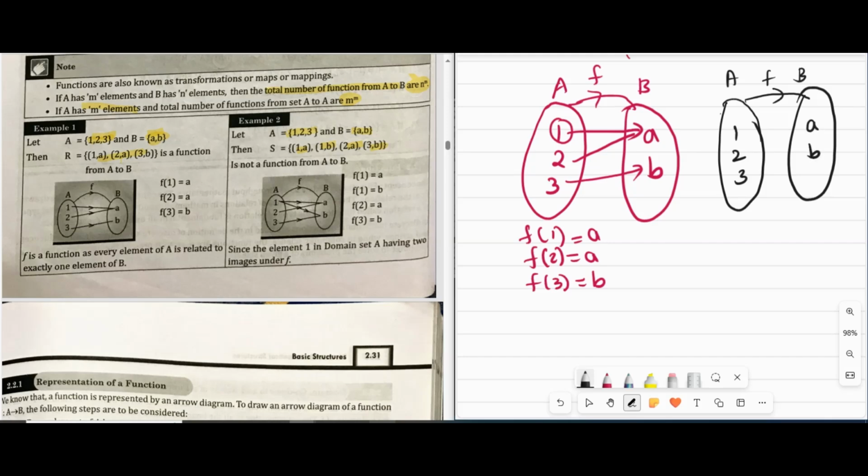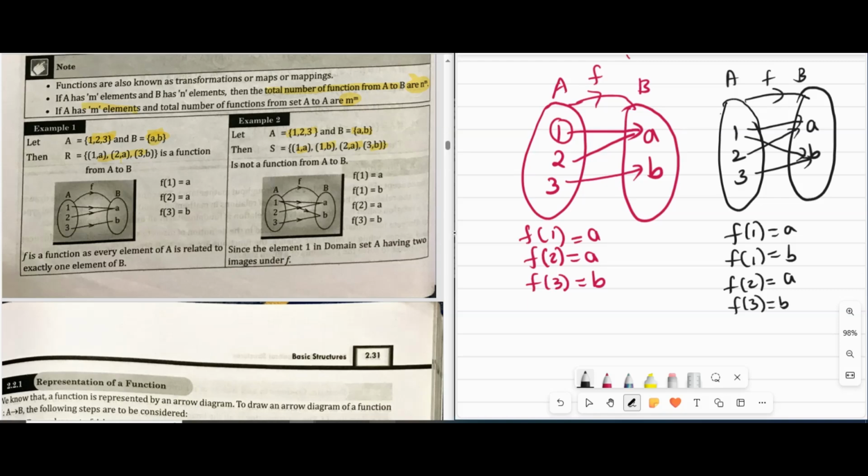It is a mapping from 1 to a, then 1 to b, then 2 to a, then 3 to b. Now f of 1 will be a, f of 1 will be b, f of 2 is a, f of 3 is b.